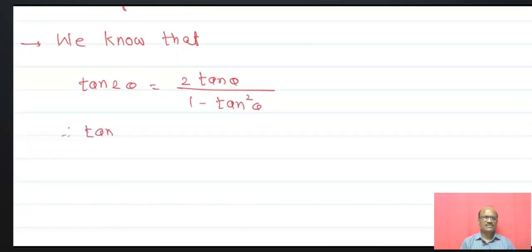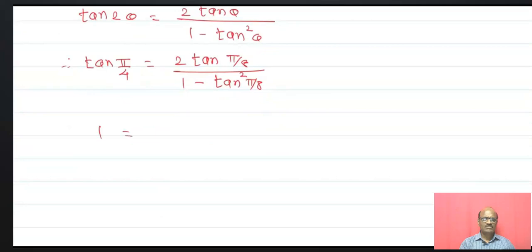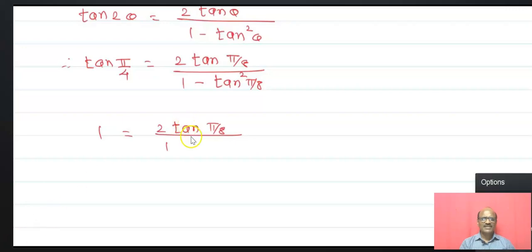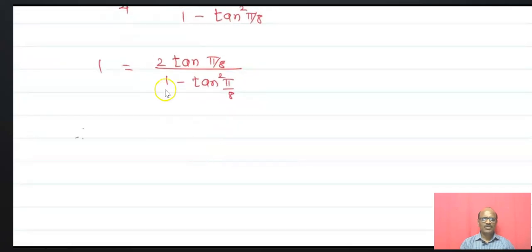And that's why tan of pi by 4 is equal to 2 tan of pi by 8 upon 1 minus tan square pi by 8. Now what is the value of tan of pi by 4? Tan pi by 4 is 1, and that is equal to 2 tan of pi by 8 upon 1 minus tan square pi by 8.